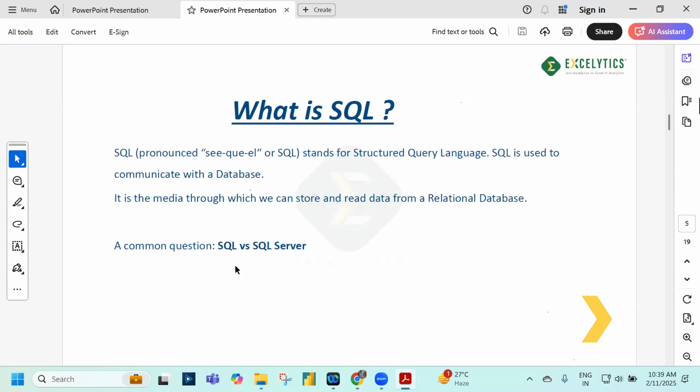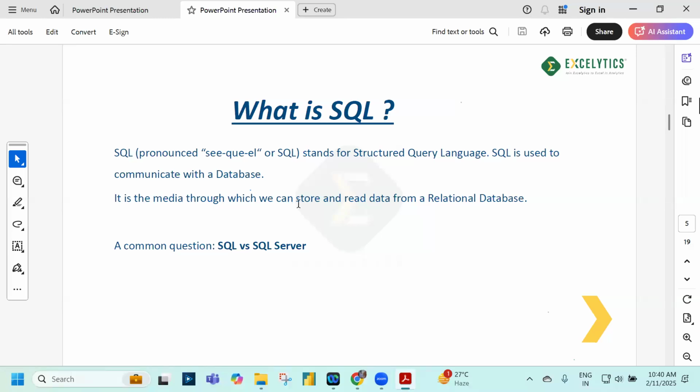Okay, what is SQL? Pronounced as SQL, right? I think we already discussed what is SQL. It's a language that is commonly understood by both client and server. That is a common language, right?